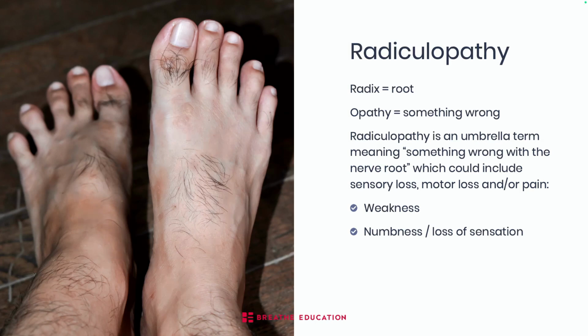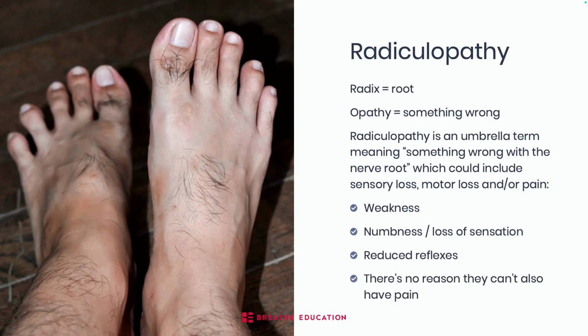It might stop discharging, and therefore we might experience numbness or loss of sensation. We might have reduced reflexes, which is just part of your sensory motor feedback loop. We can talk more about those if you want to in an anatomy lesson or at the end of today's lecture. And there's no reason you can't also have pain, right? So pain, weakness, loss of sensation, altered sensation, all of these things can coexist.